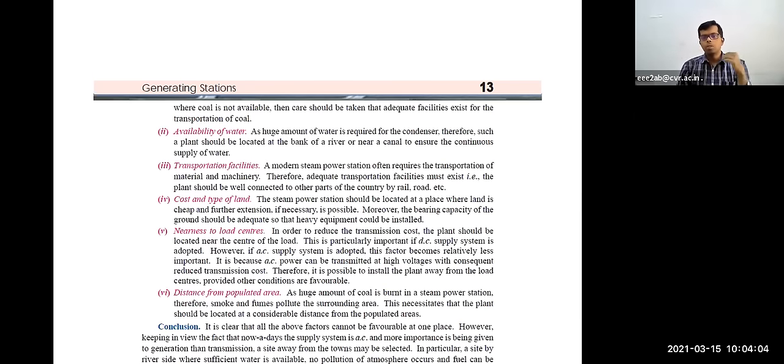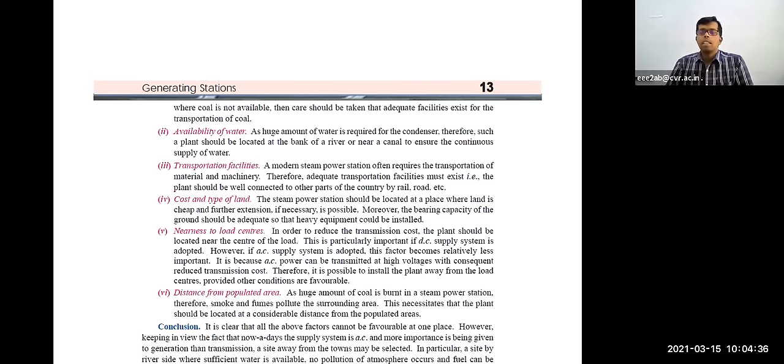So you have to invest more on purchasing the land. The government will take government lands and give them to the electric board, or otherwise, if it is privately owned, they have to buy a huge amount of land. So that is also a cost.